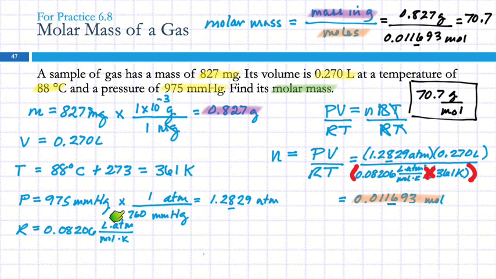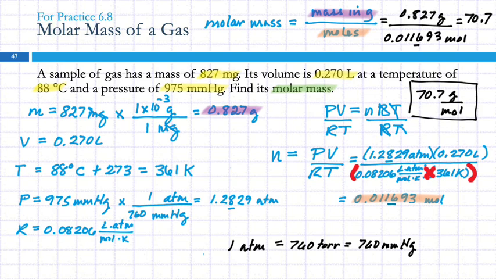So for the pressure, where did I get this from, right? So the units on the ideal gas constant show atmosphere for the unit of pressure. I was given millimeters of mercury. So I need to convert from millimeters of mercury to atmospheres. And if we look that up, we see that 1 atmosphere is equal to 760 torr, which is equal to 760 millimeters of mercury.